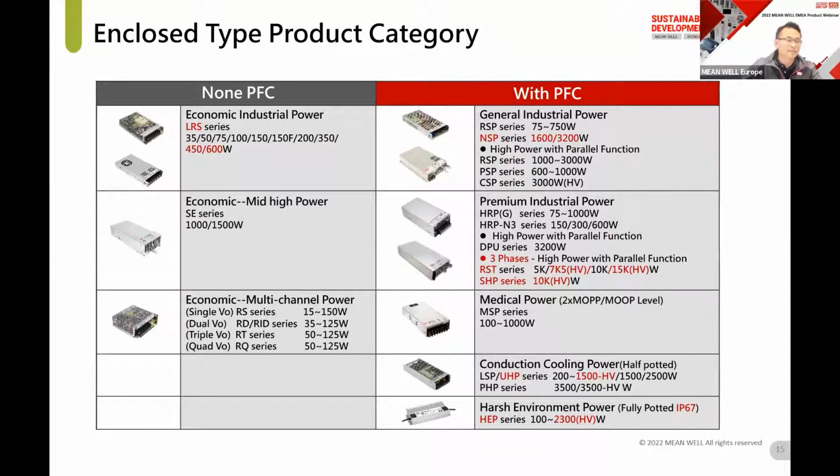Regarding the 3-phase input, RST7K5, RST15K, and SHP10K are newly launched products. With parallel functions, they can provide up to 30 kW from the RST and even more, 40 kW from the SHP.